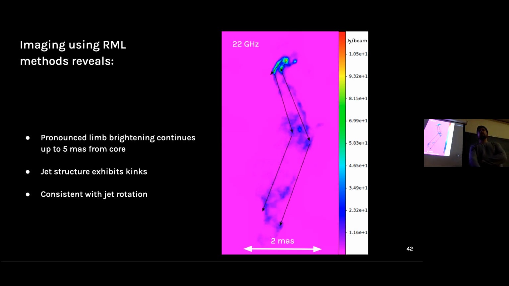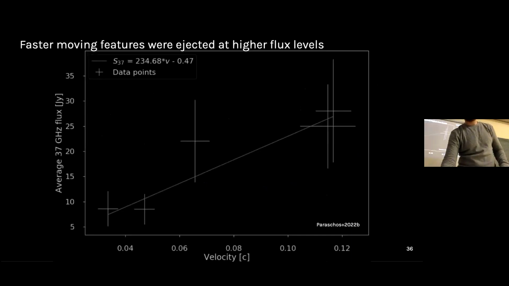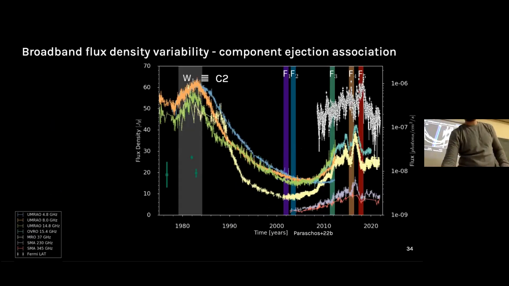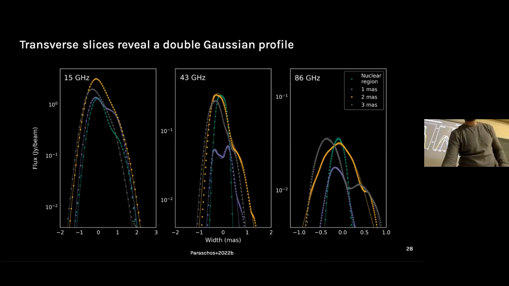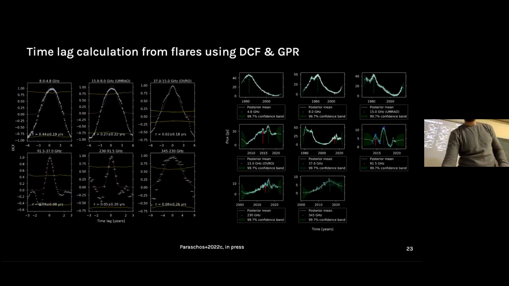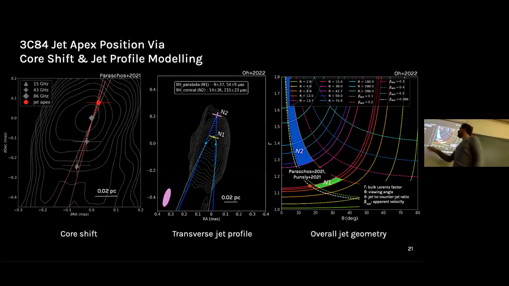Can you explain again how you estimate the north to south flux ratio? Yes. We have the two apexes, the parabola and the cone.